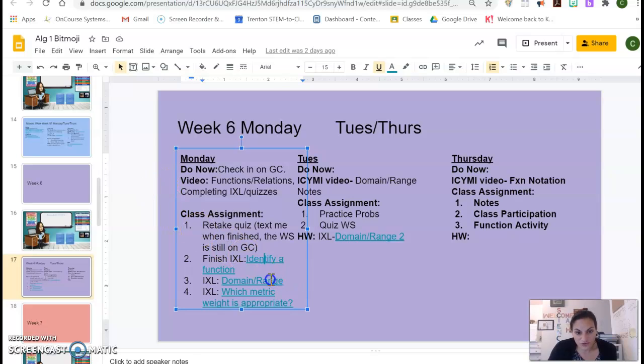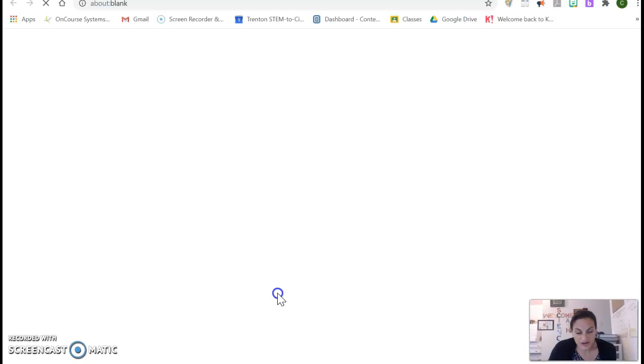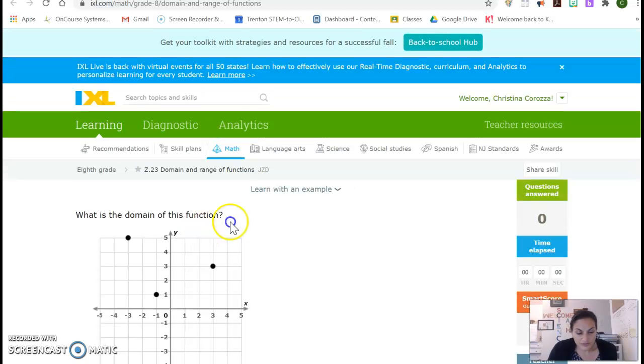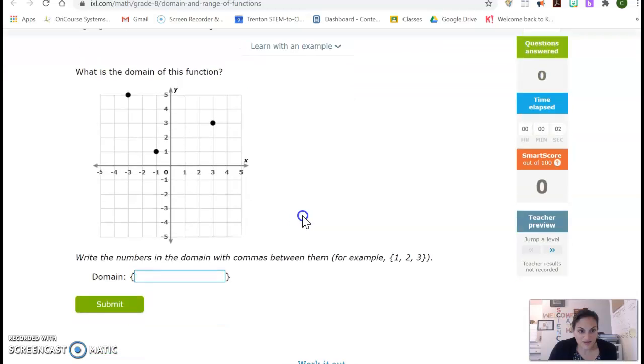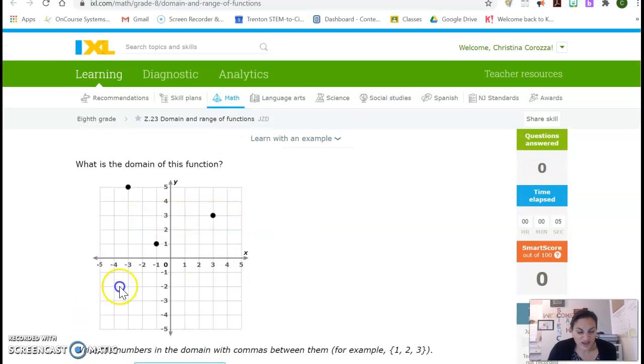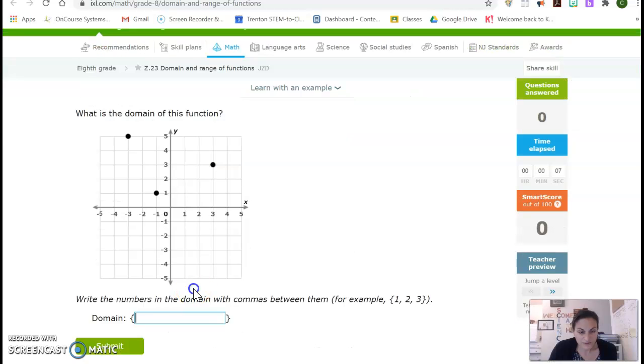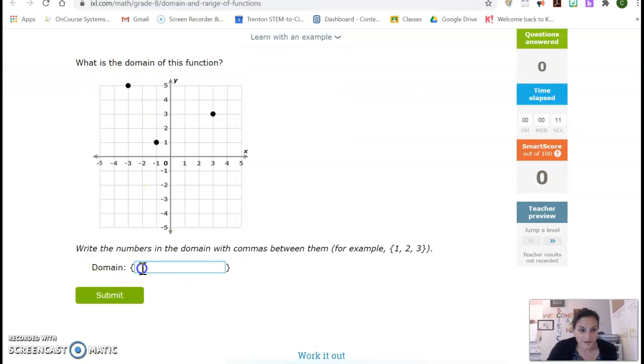There's also a domain and range IXL. This should be pretty easy. The domain and range just means the x's and the y's of the function. So this graph, the domain is where it goes in the x's.